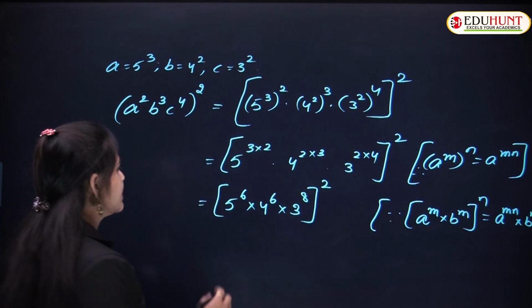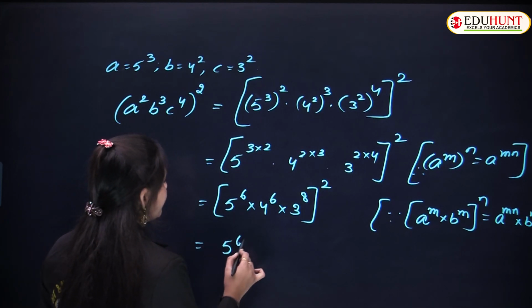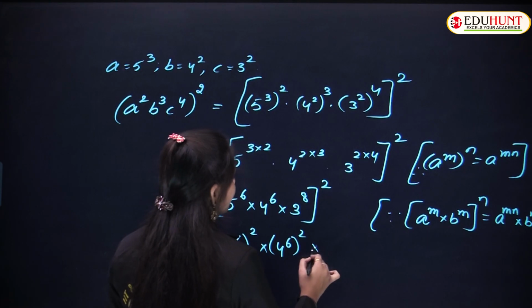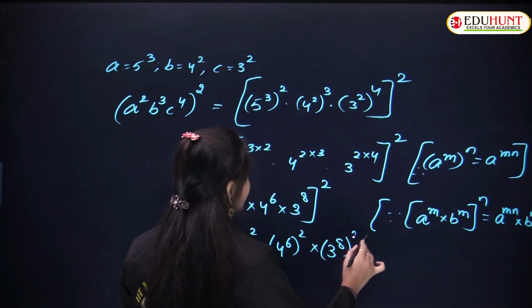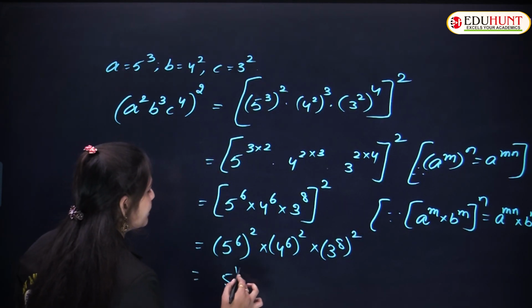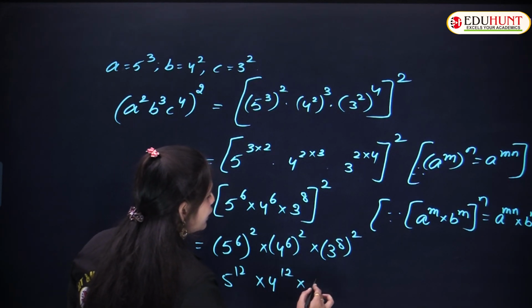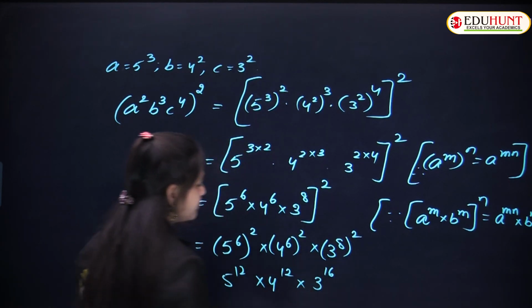Am I clear? Yes. Now 5 power 6 whole square into 4 power 6 whole square into 3 power 8 whole square, which is equal to 5 power 6 times 2 is 12, into 4 power 6 times 2 is 12, into 3 power 8 times 2 is 16.